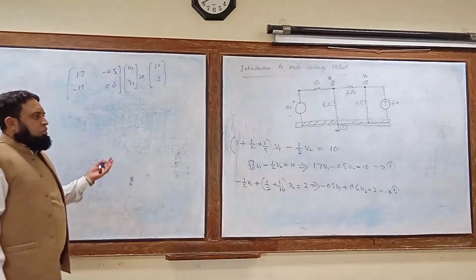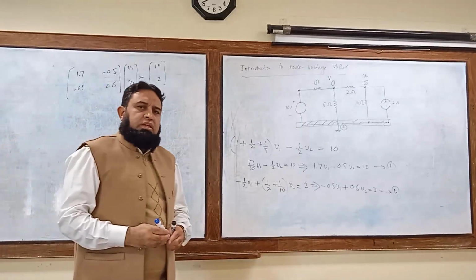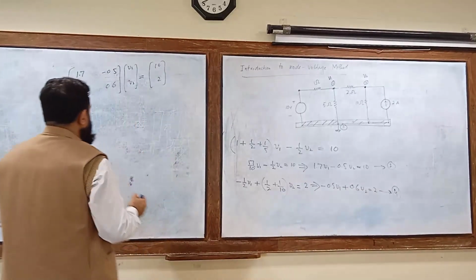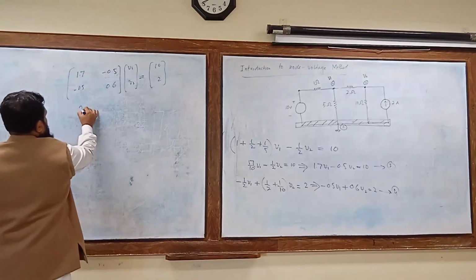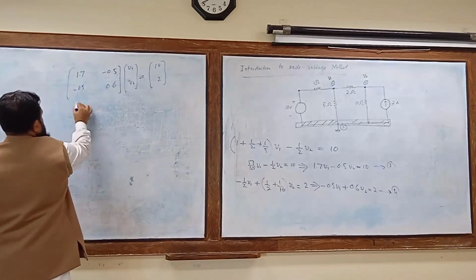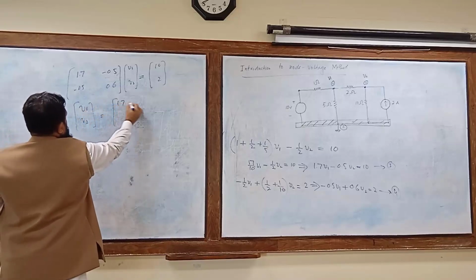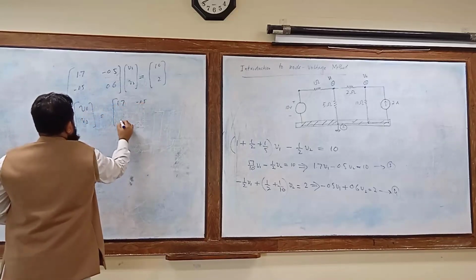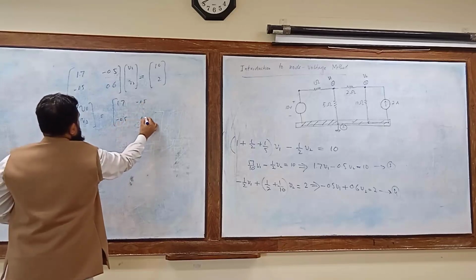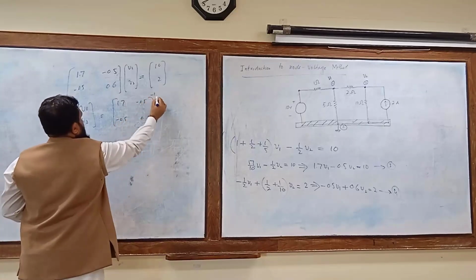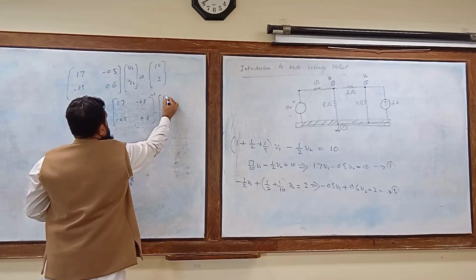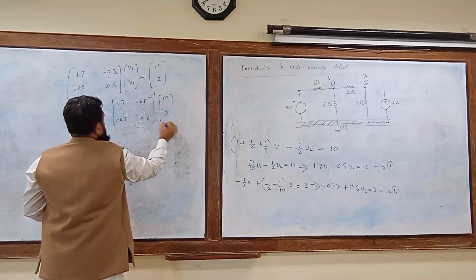Okay, so the solution of a matrix is very easy. You can easily solve it. So you can write V1, V2 as the inverse of the matrix 1.7, minus 0.5, minus 0.5, 0.6, times 10, 2.